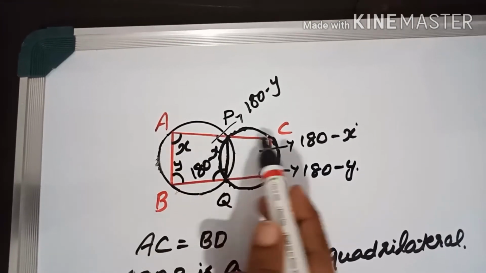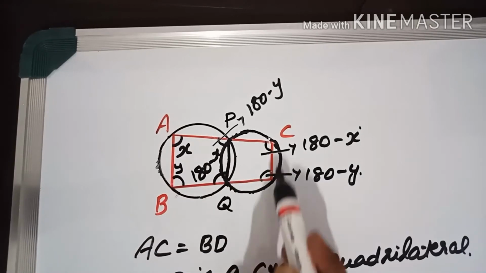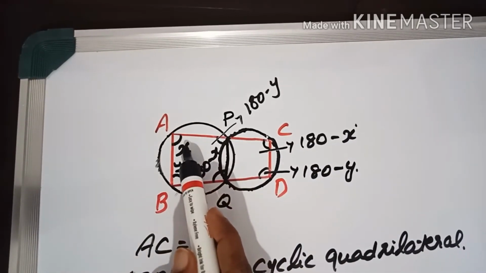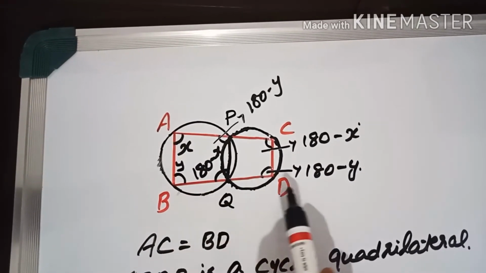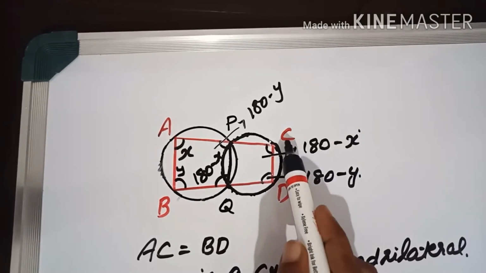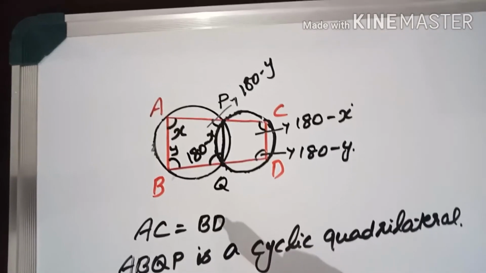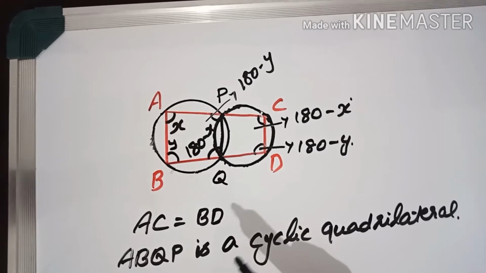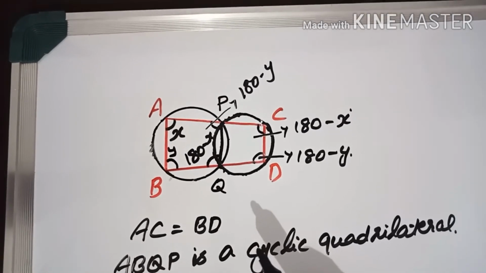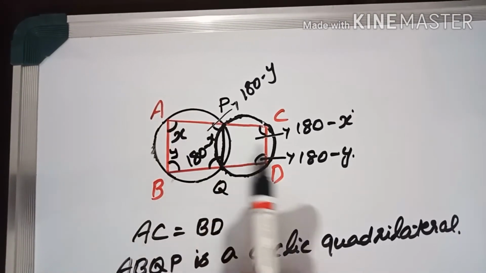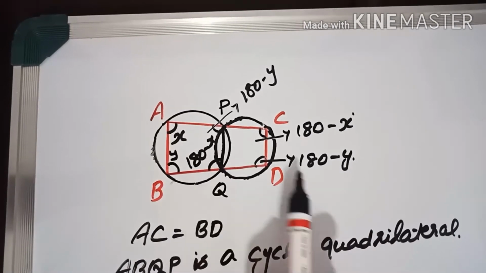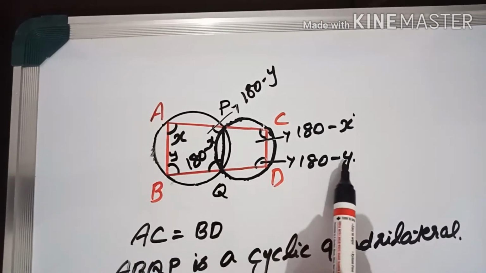Now in this quadrilateral ABDC, angle A is x degrees, angle B is y degrees, angle D is 180 minus y degrees, angle C is 180 minus x degrees. Now we need to prove this is a cyclic quadrilateral. But when we add x and 180 minus y, we won't get 180 degrees.